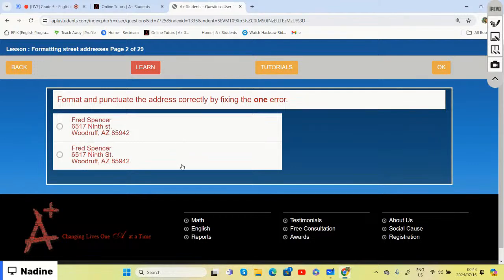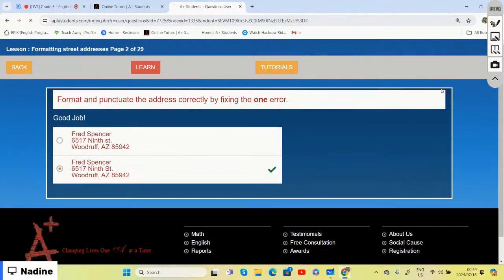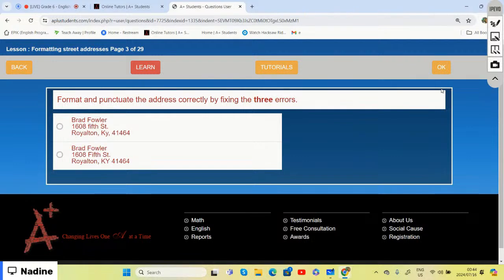And then we have our street address. We already have an error, so let's go with the second one. All right, so the second one is correct.